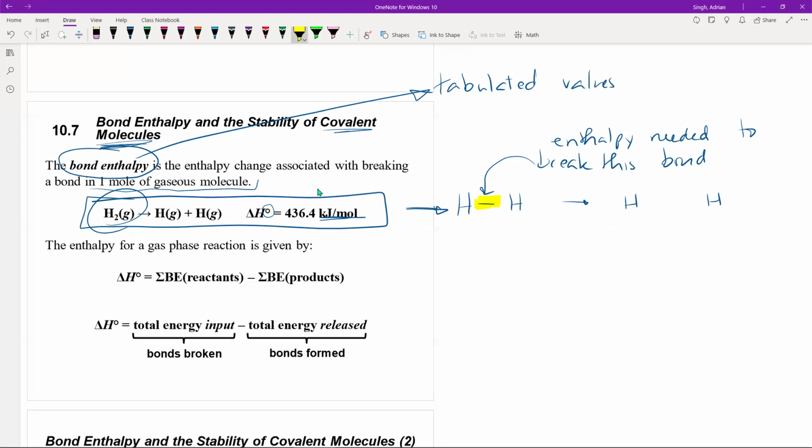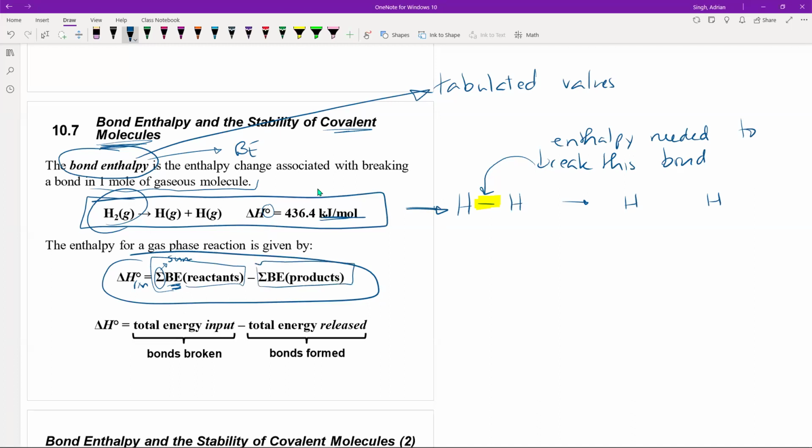So the enthalpy change for that reaction would be simply equal to the sum. Remember our little sigma sign there, that means the sum of the bond enthalpy. BE is how we abbreviate bond enthalpy, for the reactants. And then we're going to subtract the sum of the bond enthalpy for the products.